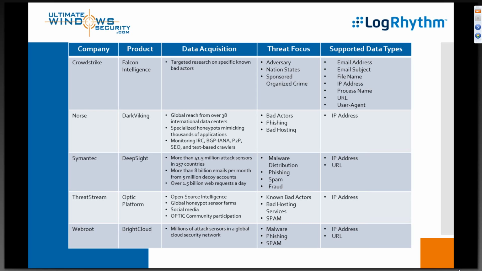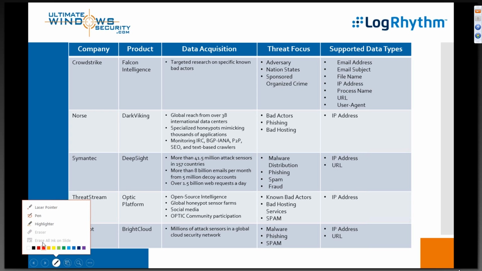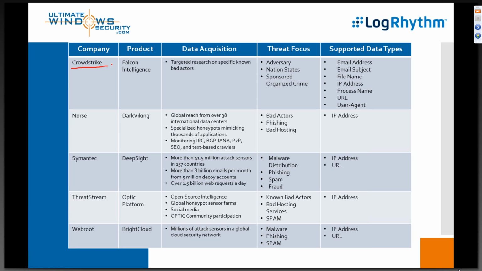So CrowdStrike is a very, very popular one. I know some former CrowdStrike employees, as well as people that work there now, and even those that leave still advocate for this one. They really go after targeted nation-state activity. So they have code names for, like, China, for example, I believe is known as Red Panda, and there's a couple other ones.